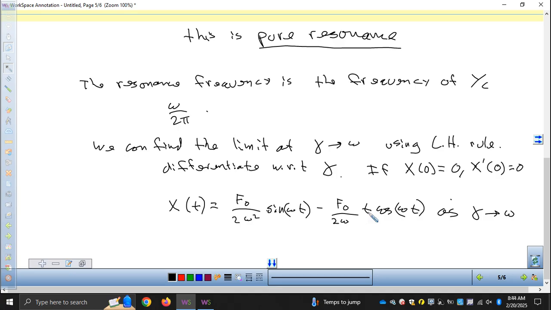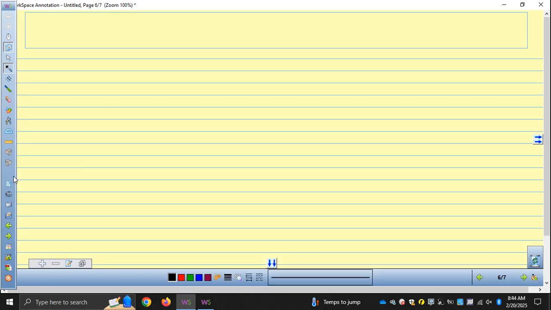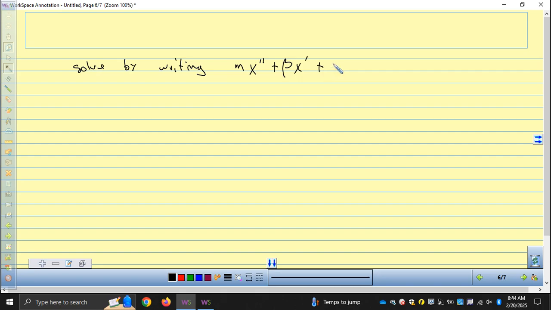When you are solving these differential equations, for the homework problems that give you a mass, give you a spring, and you find the spring constant and come up with a solution, in general I'm going to suggest you write this equation: m x double prime plus beta x prime plus k x equals, if we have the driven motion, f of t. Solve it from there.